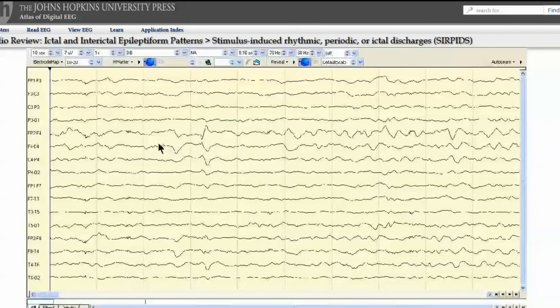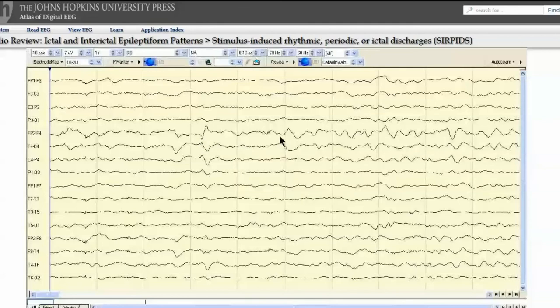Also, we notice that there's some 12 to 14 hertz sinusoidal alpha-beta frequency seen over both frontal regions. This probably represents sleep spindle activity, and therefore this ictal discharge is occurring during stage 2 sleep in this case.